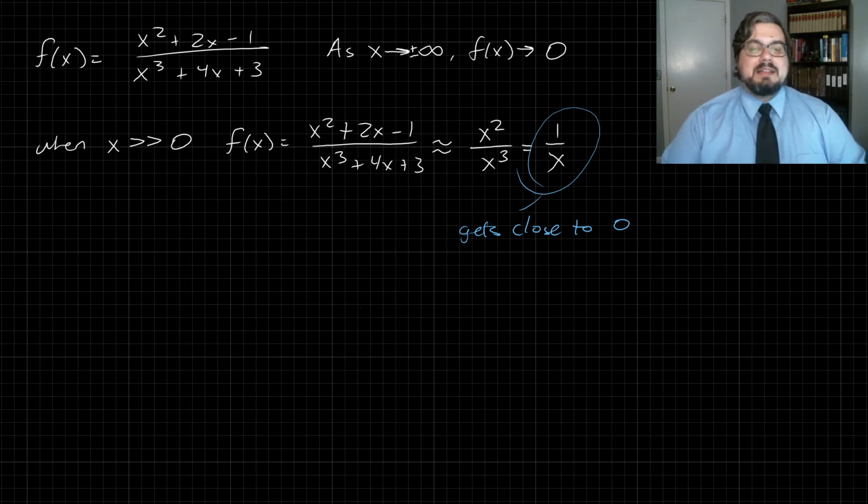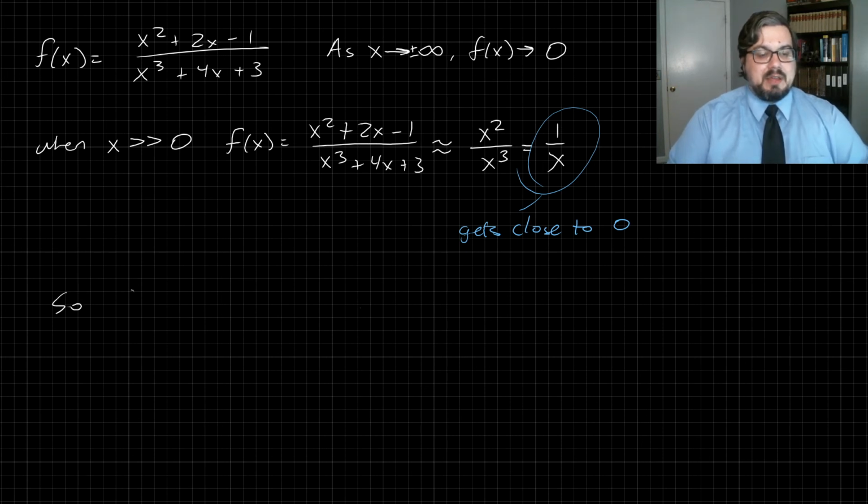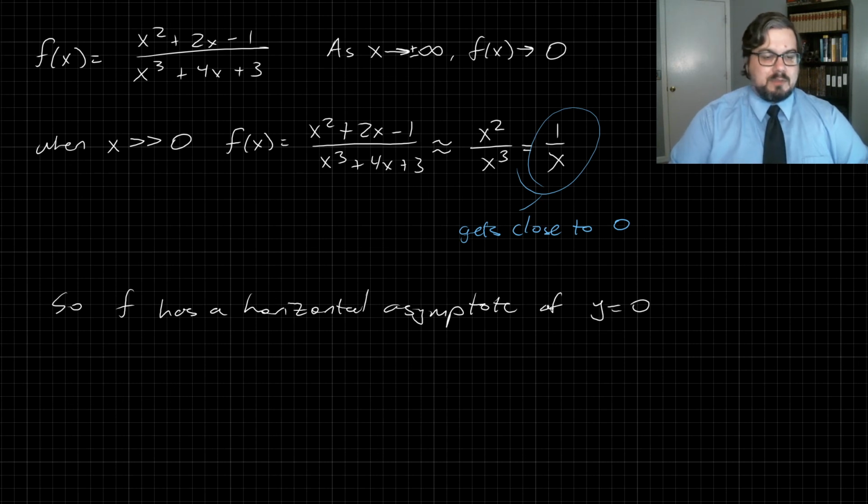And in fact, this is going to apply whenever you have a rational function where the degree of the denominator is greater than the degree of the numerator. And in this case, we say that f has a horizontal asymptote of y equals 0.